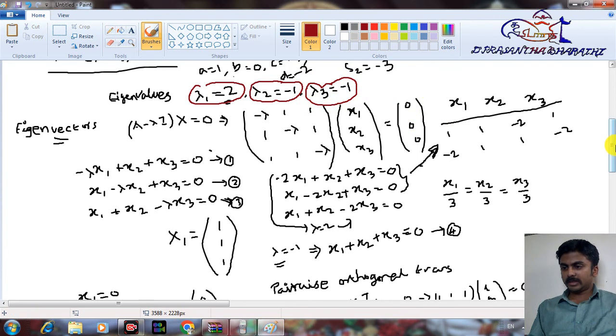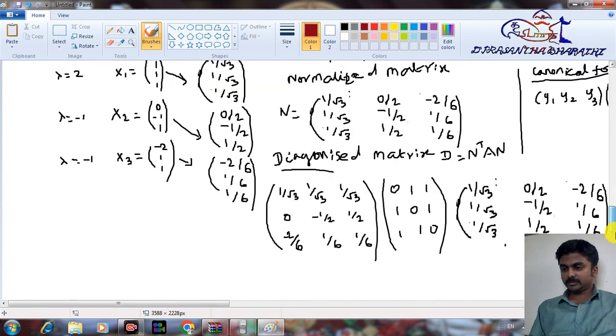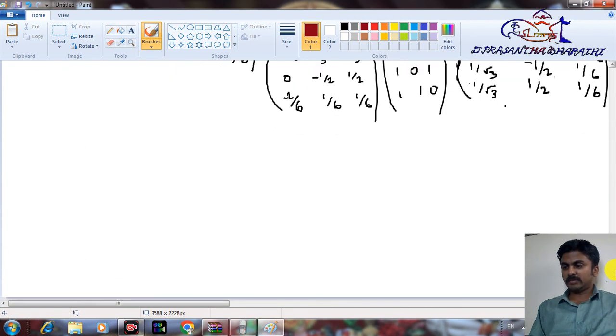Now I have mentioned indefinite. What is indefinite and what is definite? We will say positive definite when all the terms in the characteristic equation are only positive.